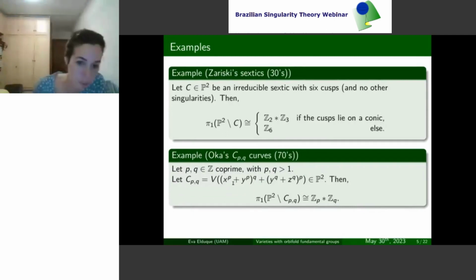And both polynomials of degree P and Q don't have any common factors and are not powers of any other polynomial.